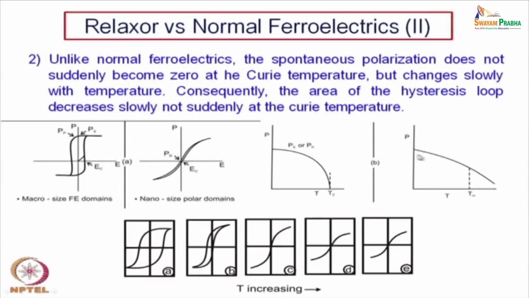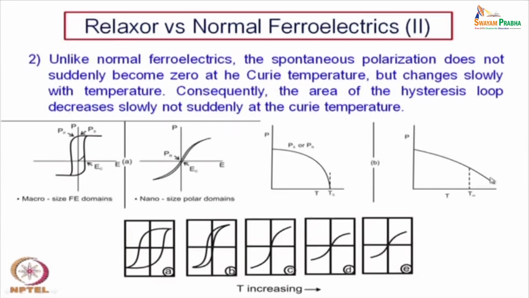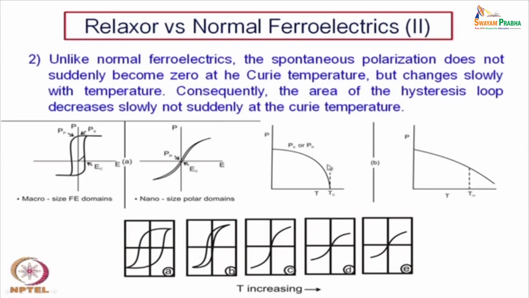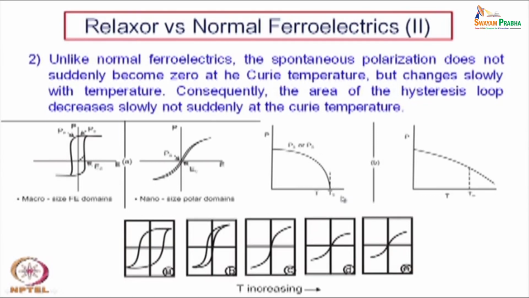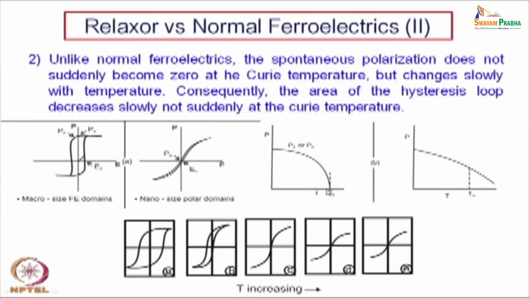The ferroelectric behavior continues beyond that temperature, with a much more gradual change. For a particular value of spontaneous polarization, it will go very gradually to 0, not a sudden change in polarization at the Curie point.